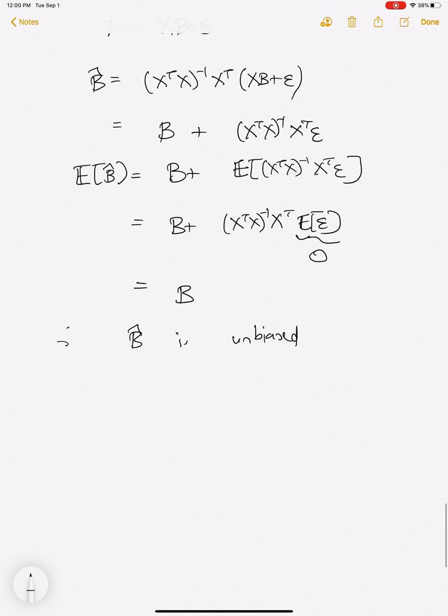Okay, and so we can therefore say that the MSE of b hat is purely equal to the variance of b hat, because the bias is 0.